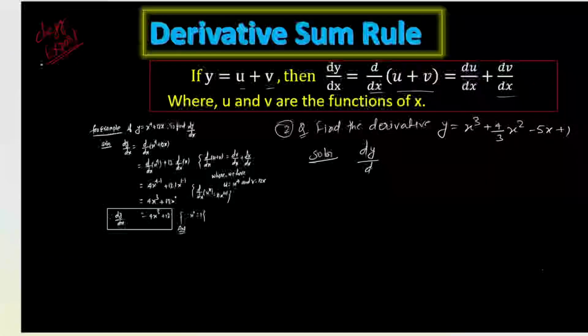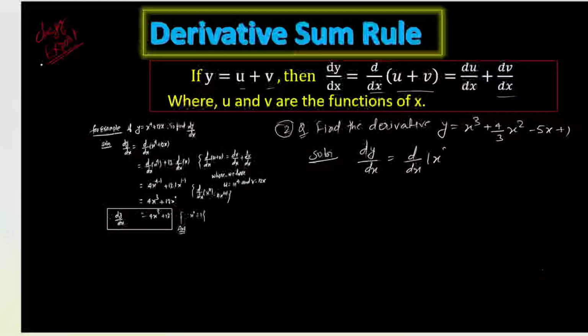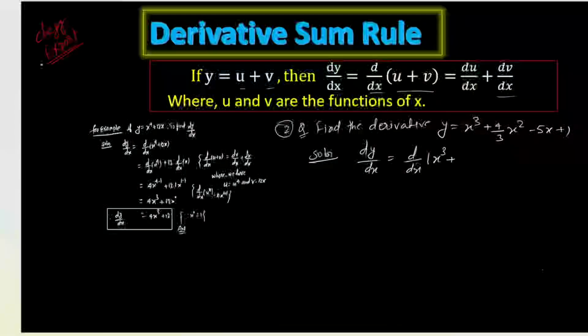dy by dx is equal to d by dx of x cube plus 4 by 3 x square minus 5x plus 1.